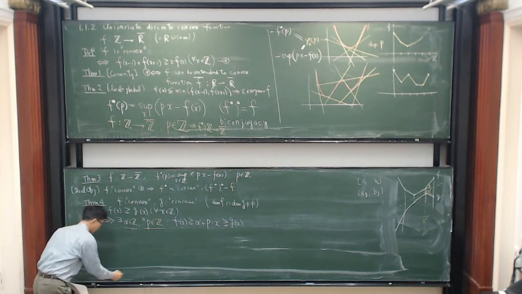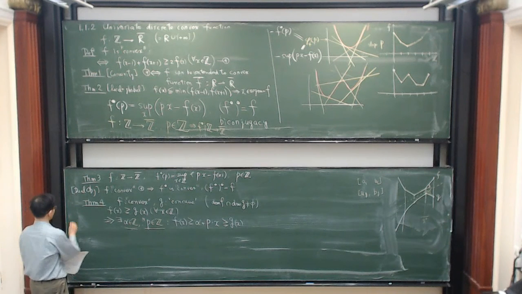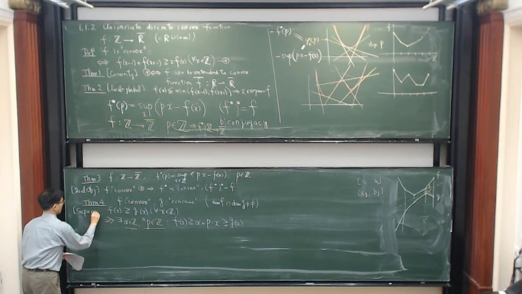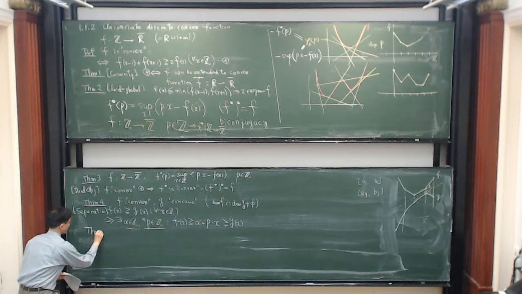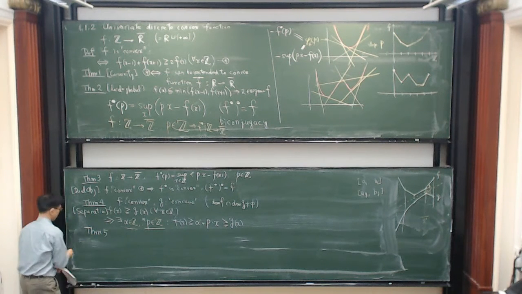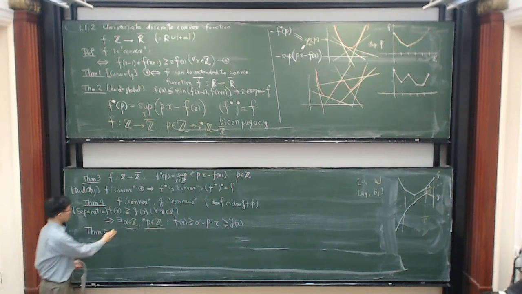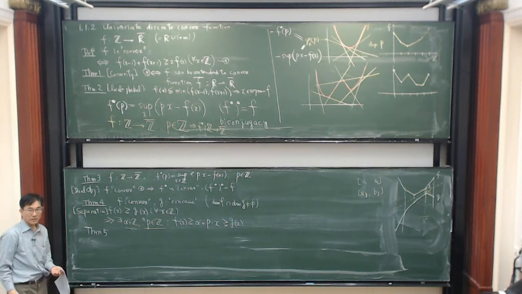Then finally, the fifth theorem. This I call separation. And theorem 5 is a minimax theorem. So if we know this, the following is easy to derive by manipulation.